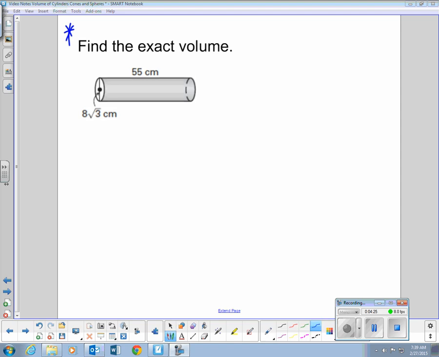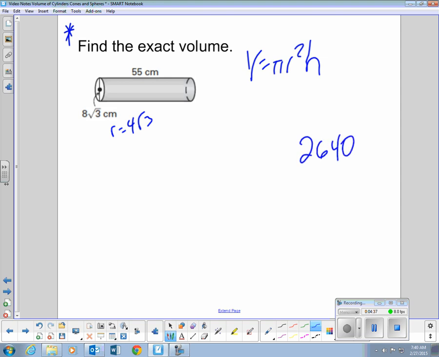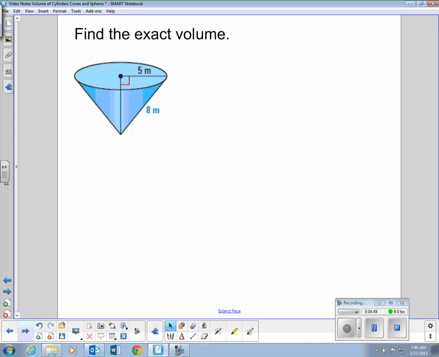So since that is the diameter, I like to always label my radius as 4 square root of 3. So volume equals pi r squared h. When you're done with this problem, you should get 2,640 pi centimeters cubed. If you had some problems with that one, it may have been because you used diameter instead of the radius.